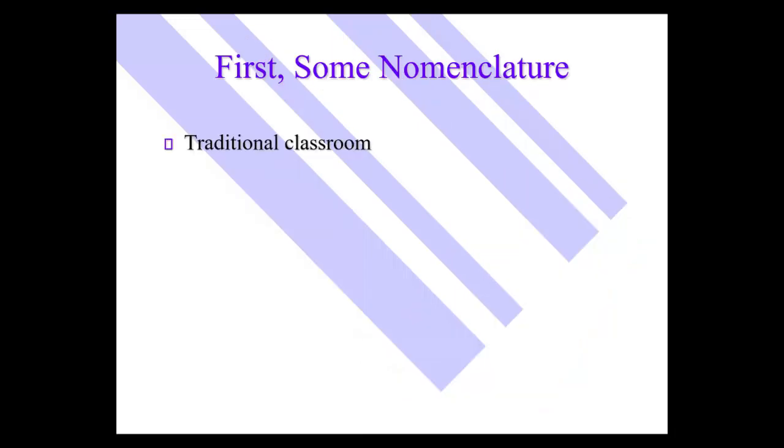First, some nomenclature. We all know the traditional classroom and distance learning, which kind of evolved to online learning. Now, traditionally, when people talk about online learning, they've been talking about this asynchronous online learning model. But more and more, we're talking about remote learning, which has two components, the asynchronous component along with the synchronous component.